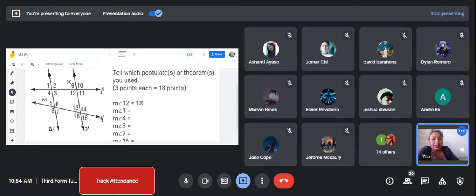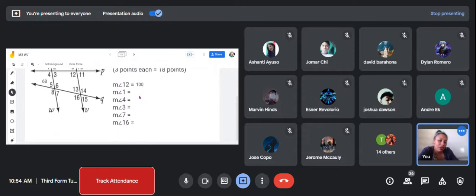If we take a look at this diagram, this is a straight line that is cut into two. The magnitude of a straight line is 180 degrees. If I know that part of this straight line is 80, then to find the other part, I'm going to do 180 minus 80, and that gives me 100.